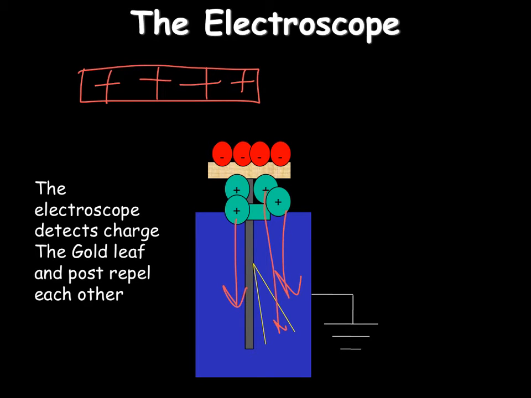Now this means that the whole stalk and the gold leaf are charged positive. Now because they're the same charge, they repel each other. So the gold leaf is simply being repelled by the same charge on the stalk. And that's what you see. And this is how you sense the presence of static electricity.